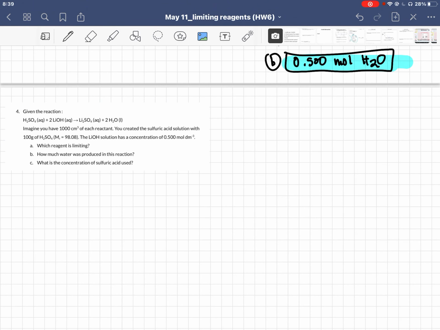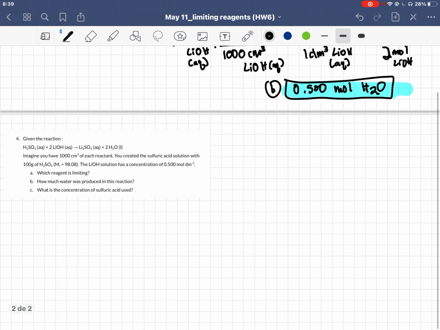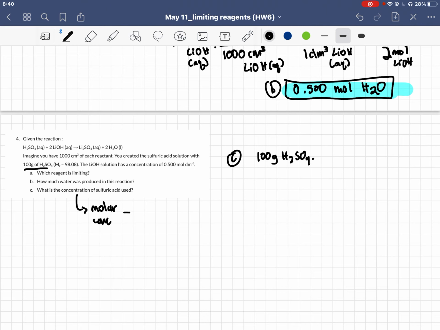The concentration of sulfuric acid for C, so sulfuric acid, we know we had 100 grams of sulfuric acid. If I need to find concentration, well, I know I'm going to use molar concentration, which is moles per decimeter cubed.